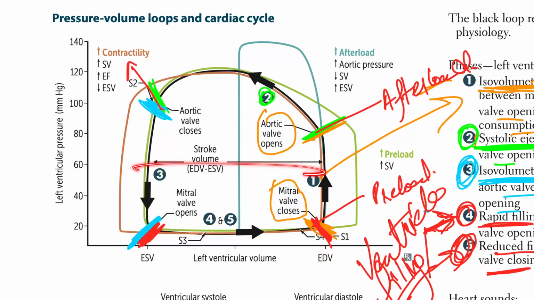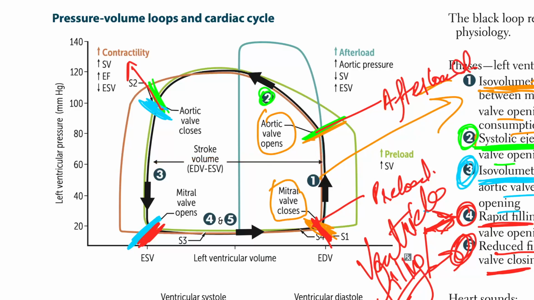And again, stroke volume is end diastolic volume minus end systolic volume. The more you have of this, the more you're going to pump out, and the bigger the curve would be. Just remember, this is the stroke volume. So as the curve goes higher, as this thing goes bigger, you increase the stroke volume, right?